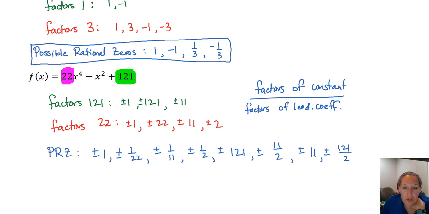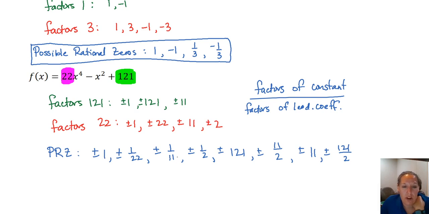And then 11 over 1 is already on our list. 11 over 22 reduces to 1/2, and that's on our list. 11 over 11 is 1, which is on our list. And 11 over 2 is already on our list as well. And so this one, instead of having the 4 that we had on the previous, we've got plus or minus on each of these.